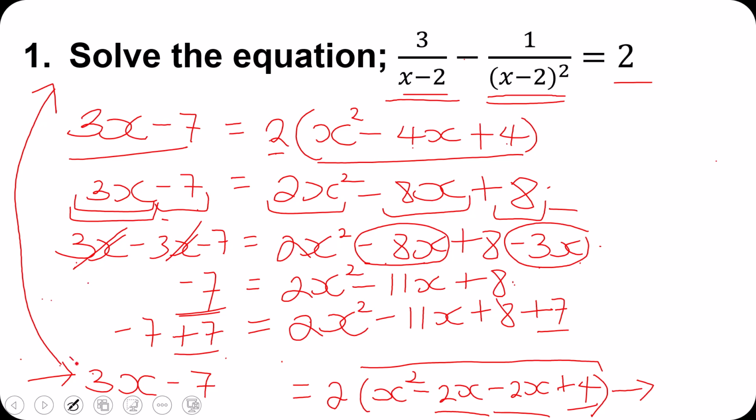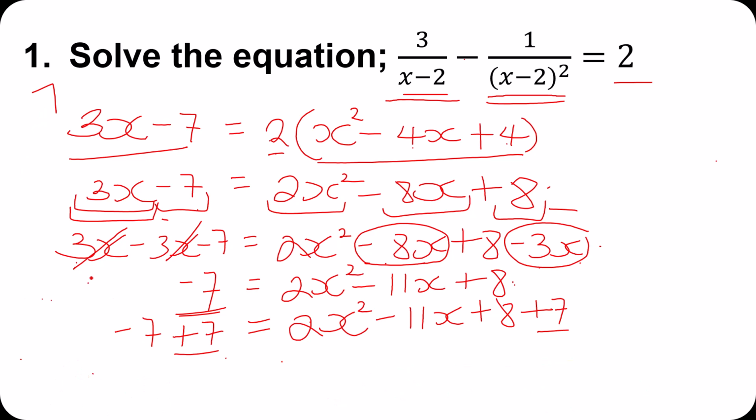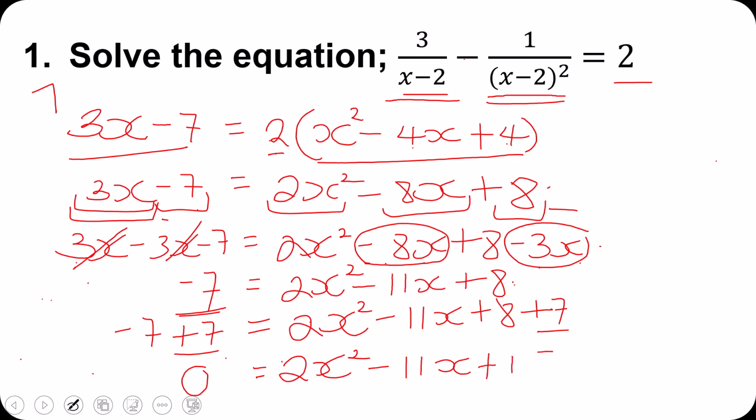Let me erase this equation here and we write our final equation. So finally, on the left hand side, we have a 0, a very big 0, and on the right hand side, we shall keep our 2x squared minus 11x, then plus 8 plus 7 will give us plus 15.